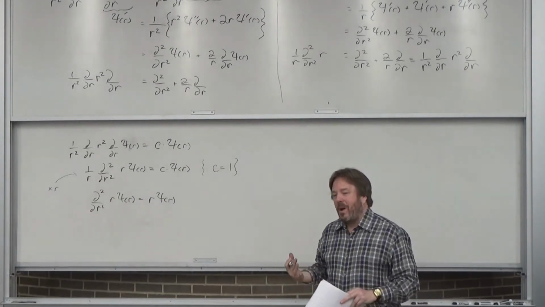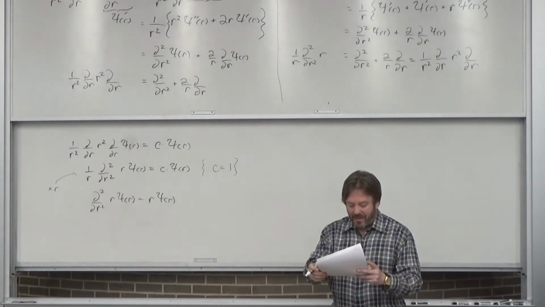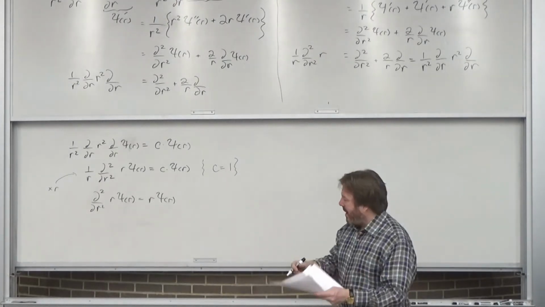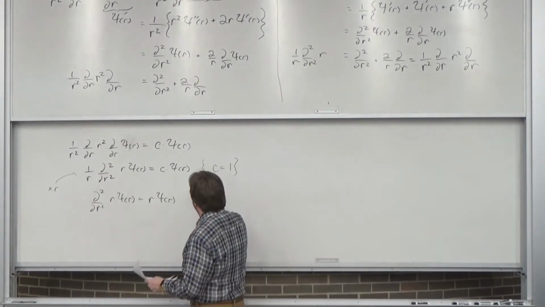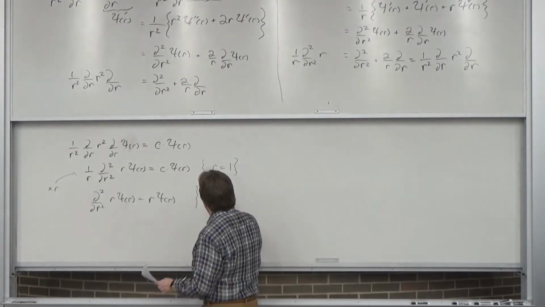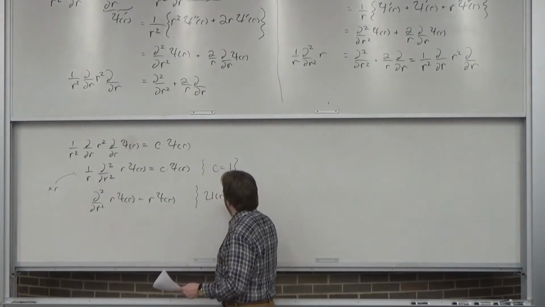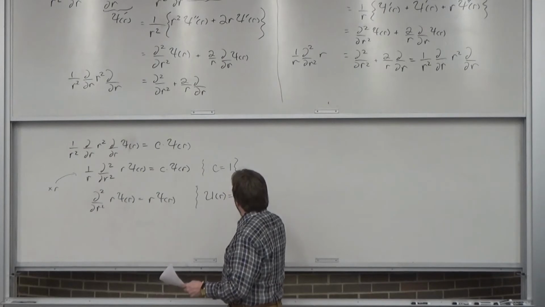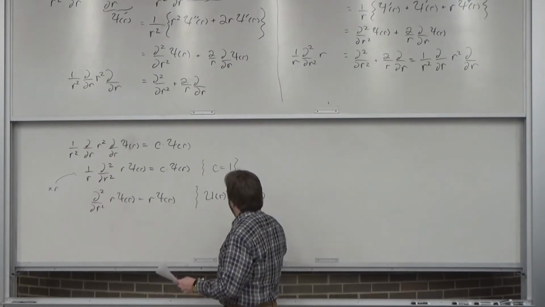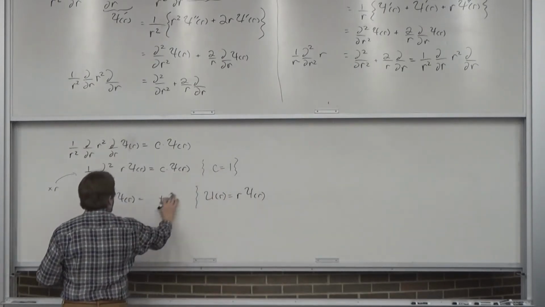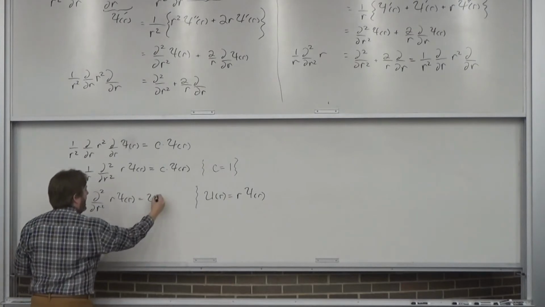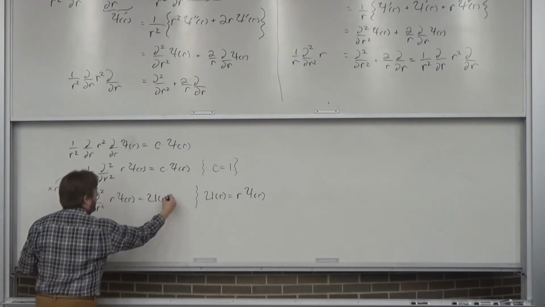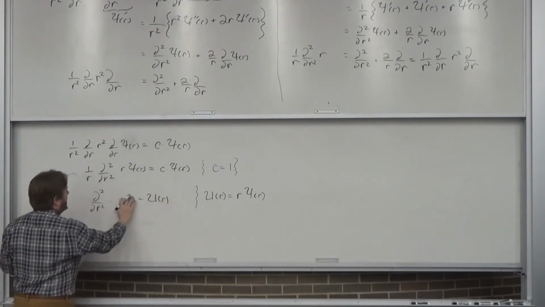Now, if you want to just look this up in an 18th century math textbook, you might want to do this. Let's find a new function called u of r, which is r times psi of r. Now, why would you do that? Well, let me make that substitution right here. My u's look a little funny, I know.